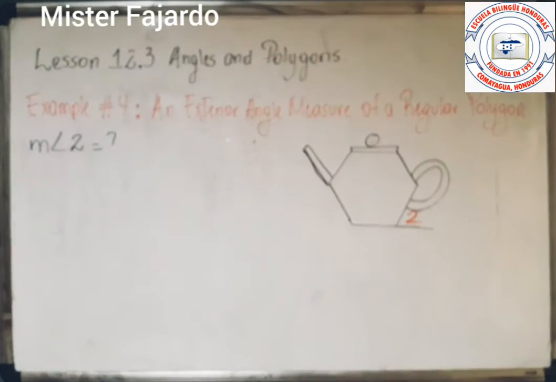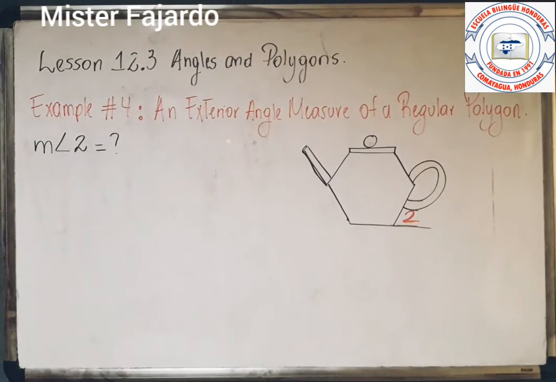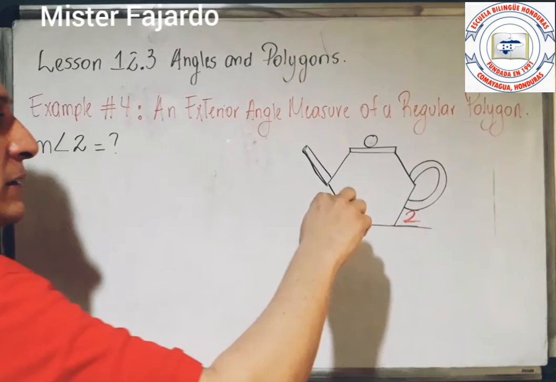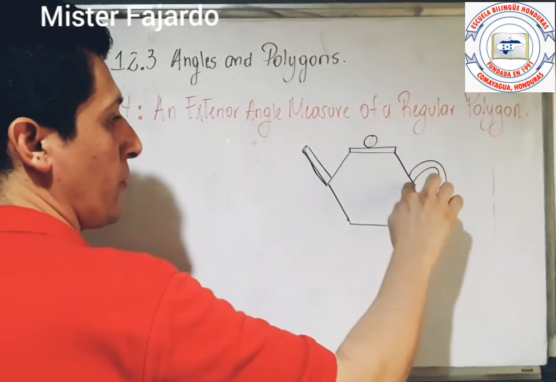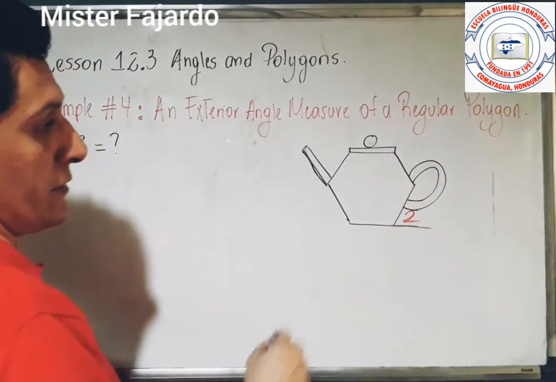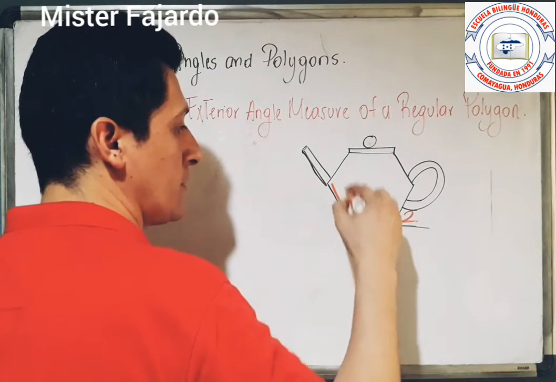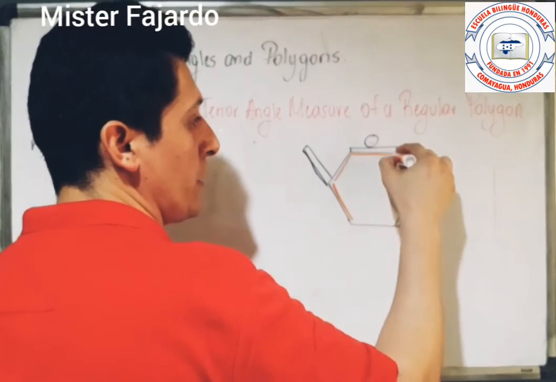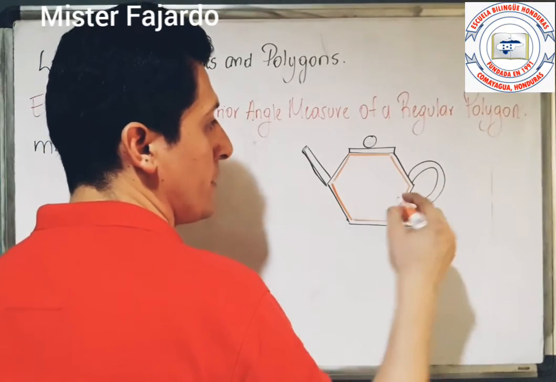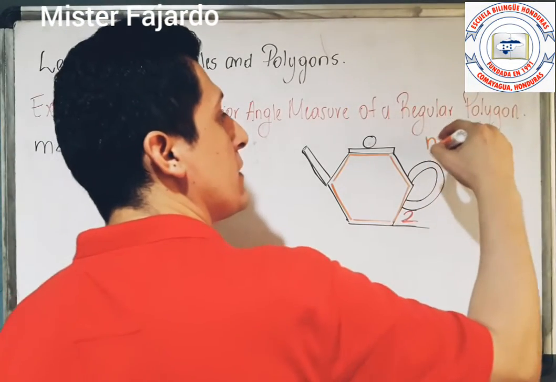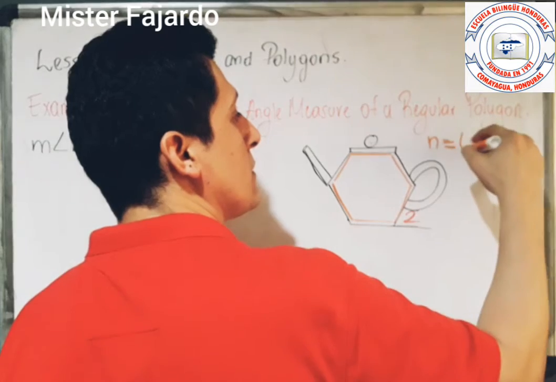Okay, first you need to see what you have. In this case, we have that figure that has 1, 2, 3, 4, 5, and 6 sides. Means that the value of n is going to be equal to 6, okay?